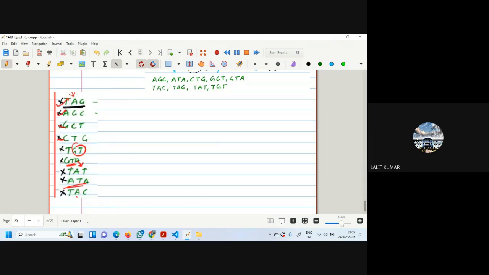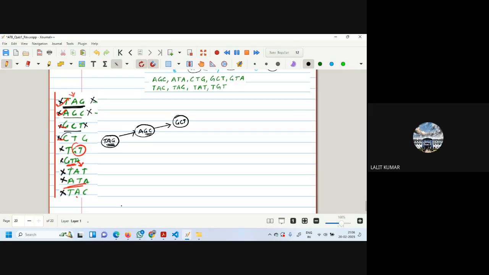So these are our k-mers. We start with, for example, TAG. From TAG, I have to go to a k-mer whose first two values are AG. So I can go to only AGC. From here, I can go to GC only, so GCT. So I keep on stacking them.